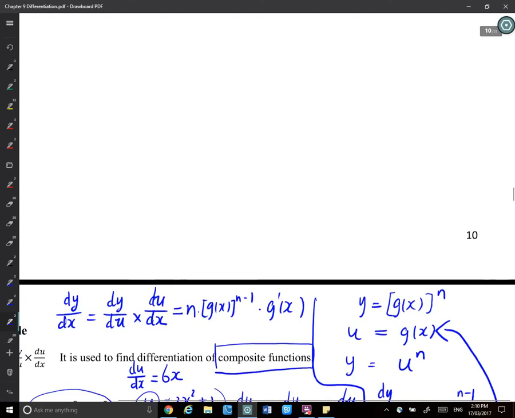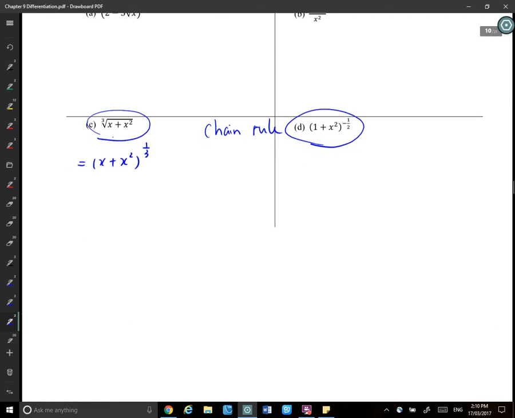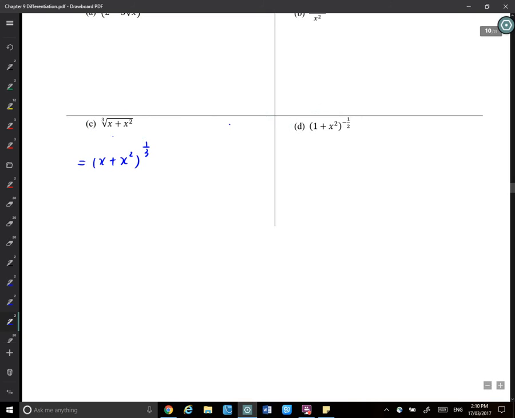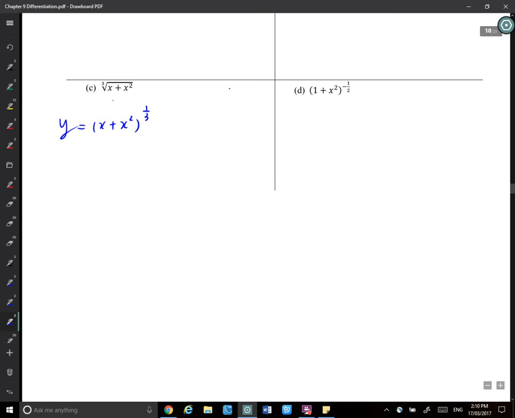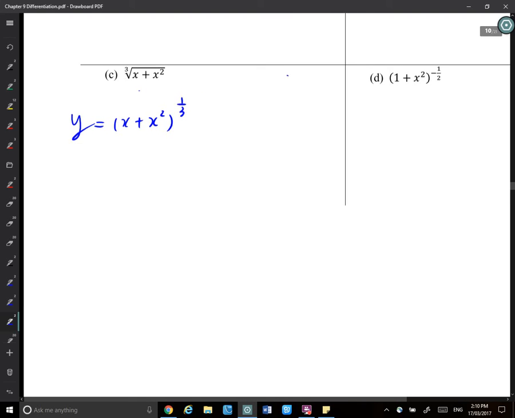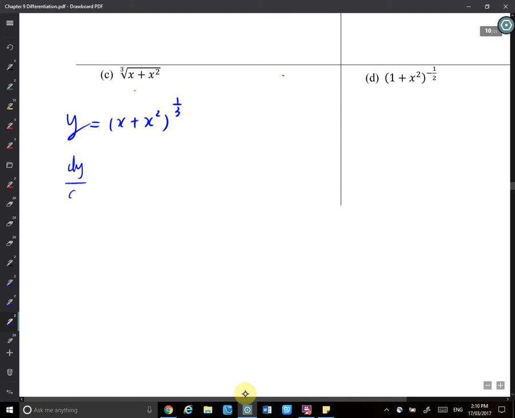So let's go back to this question here. Let's say y equals that, a third. So that's g(x) to the power of a third. So what you will do is dy/dx will equal a third, drag the power down, reduce the power by 1, and derive whatever you have inside.